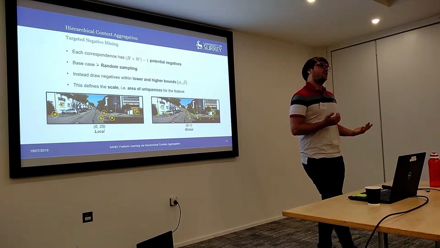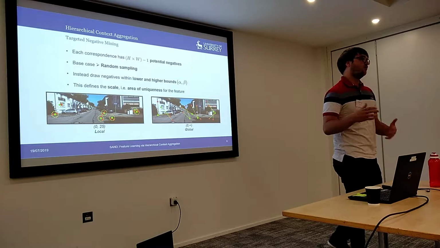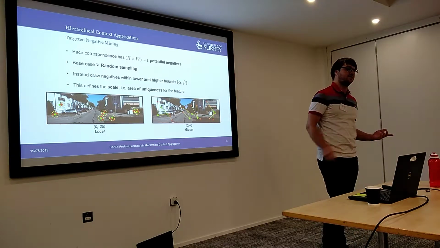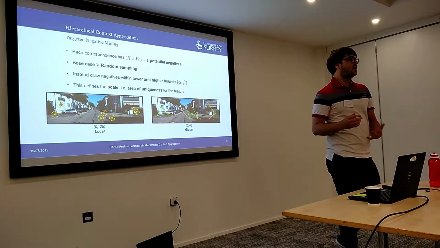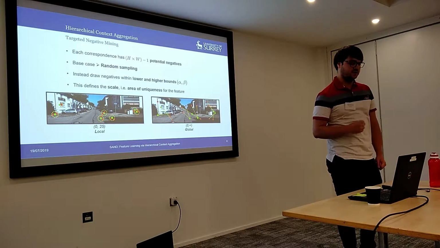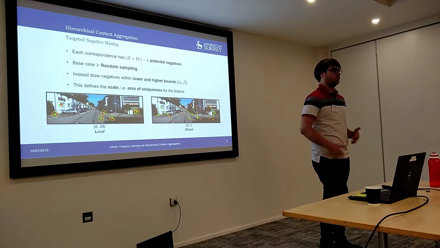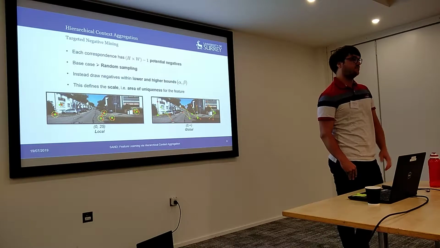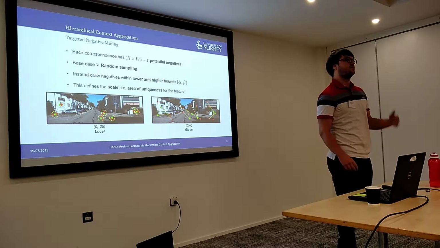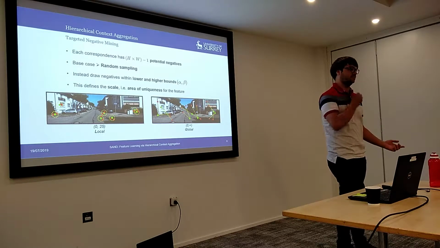So when you think about it, each correspondence has pretty much a whole image worth of potential negative correspondences, and it's obviously infeasible to actually use this for every single correspondence. So in the base case, what you can do is just randomly sample from the image, or do hard negative mining. Instead, we propose a spatial negative mining approach where you can define the maximum and the minimum distance that you're allowed to draw these negatives from.